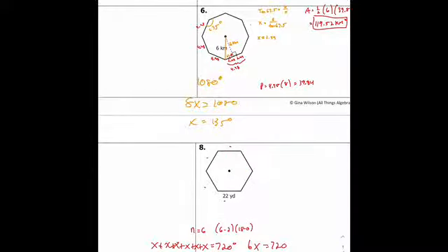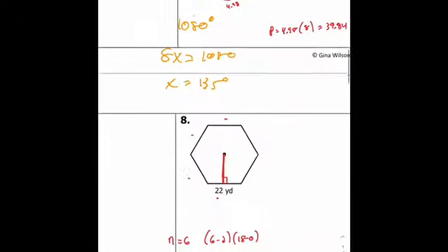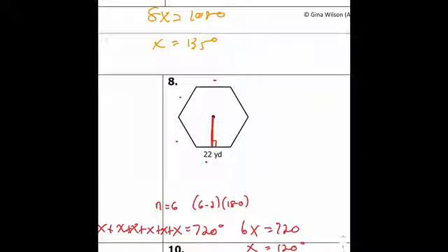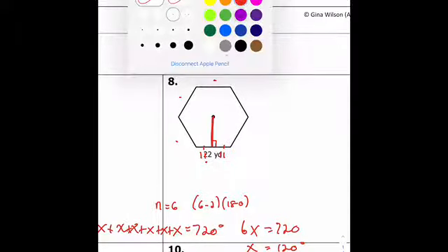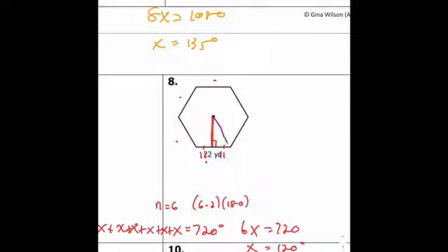All right, so we are looking for the apothem here. So let's zoom in a little bit. We know this has got to be 90 degrees, which means this and this got to be 11 and 11. So we do our radius.